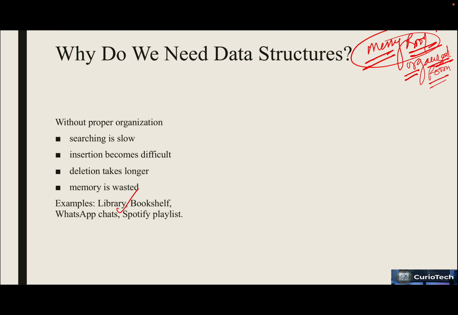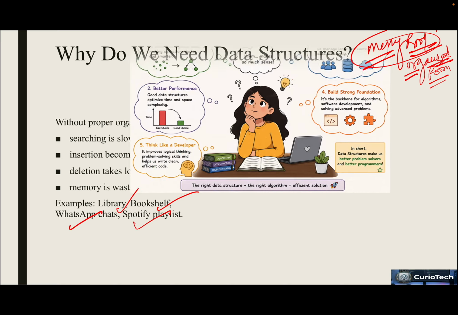If you take an example of your college or university, there would be one library where books of multiple departments have been stored, but when you go for your books, there is a particular section for every department and you go for the books that belong to your department, and in that section there are multiple subjects that have been allocated to multiple shelves, right? That means the organization is better and you can search for the book you are looking for easily. Same goes for bookshelves, same goes for WhatsApp chats, and same goes for Spotify lists.